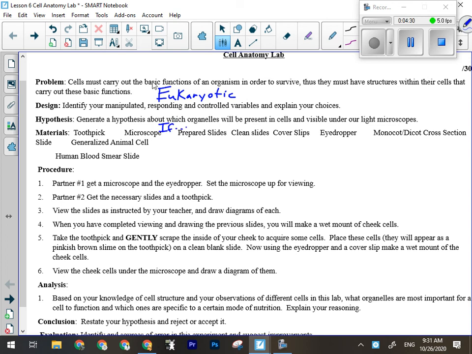For our hypothesis, what's the if part of your hypothesis always supposed to talk about? The problem. Yeah, so I would say the if part of your hypothesis should probably talk about the second point of the cell theory.